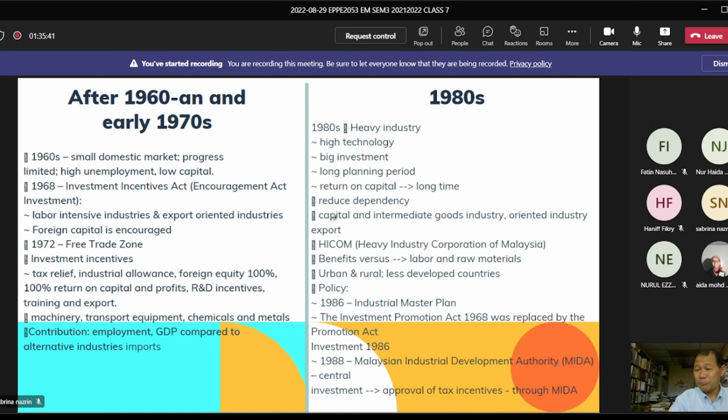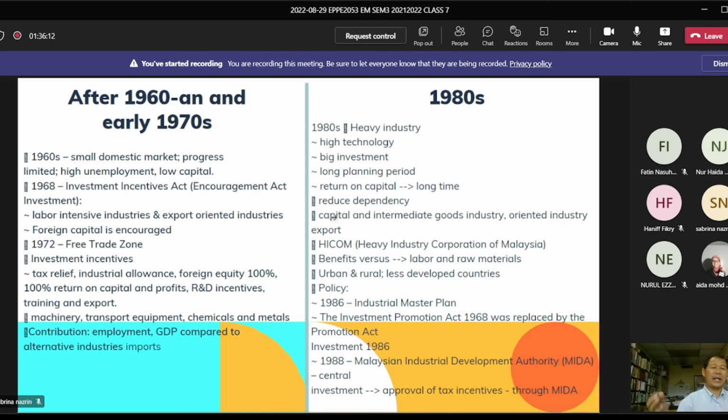So SITC, same thing. 1 digit, machinery and transport equipment. That's the name. That's SITC 7. 1 digit. Selangor. Oh, so wide. Where? Could be Hulu Selangor. Could be Sungai Besar.